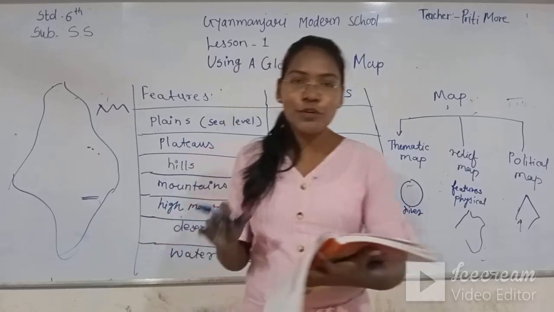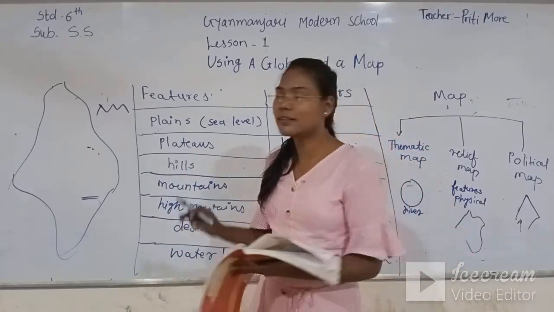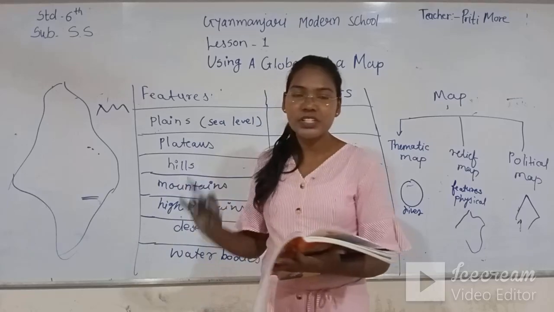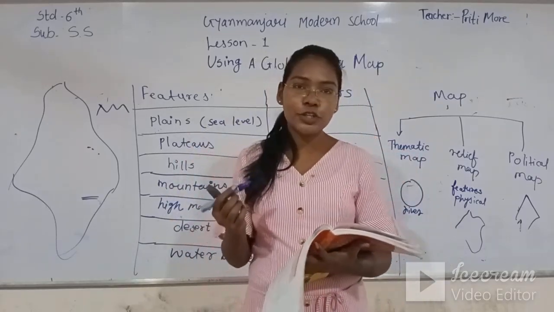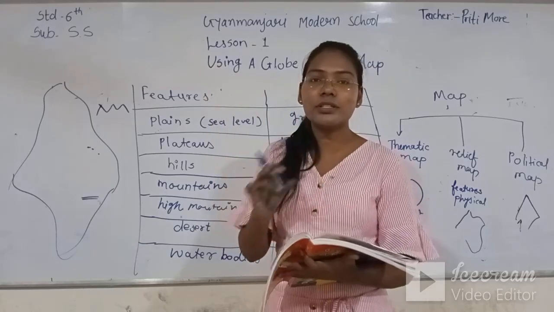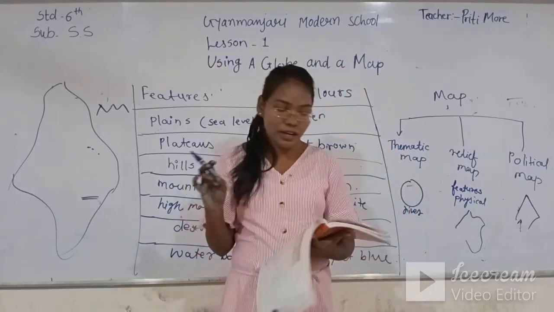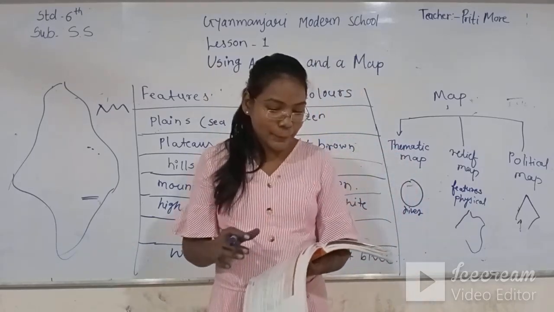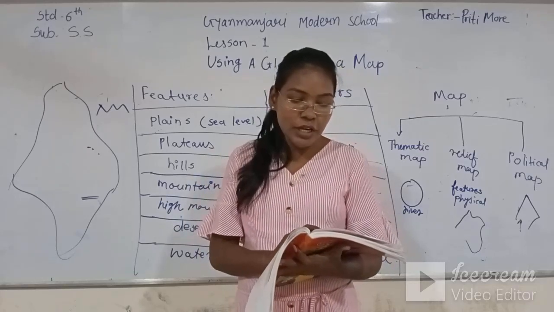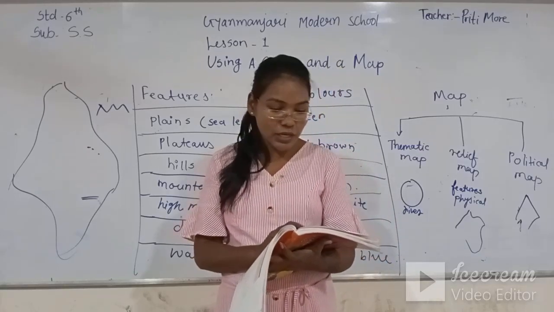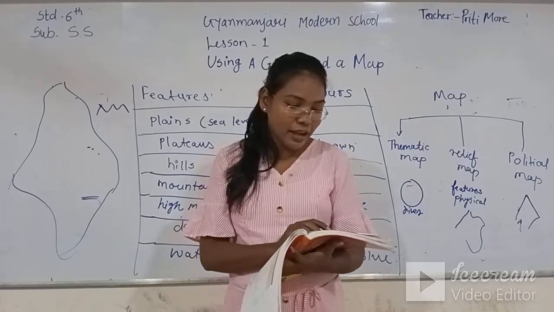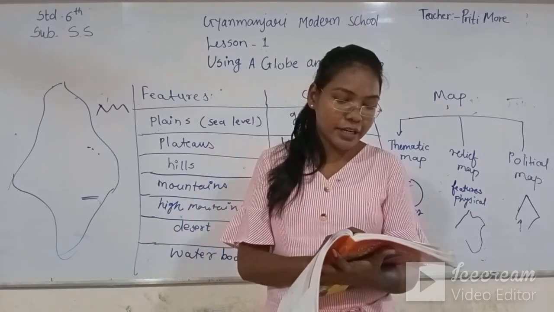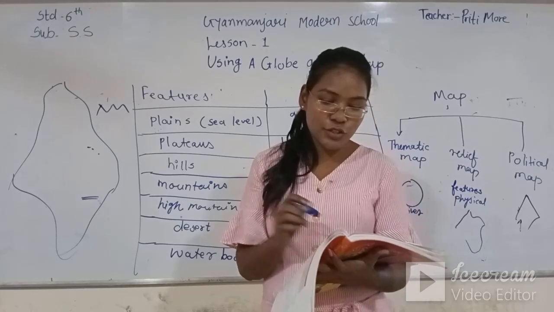That means once you know the conventional symbols and the color of a particular feature, it will be very easy for you to identify a particular city or state on the map. The Yamuna flows south-eastwards to join the Ganga. Delhi is at an altitude of 200 meters above sea level, and so on.